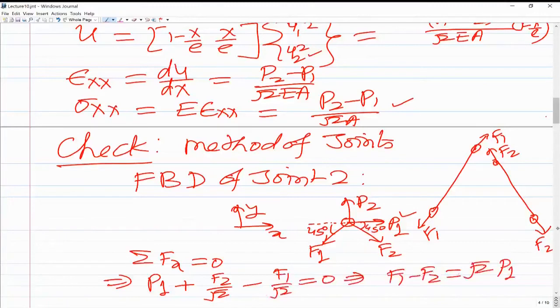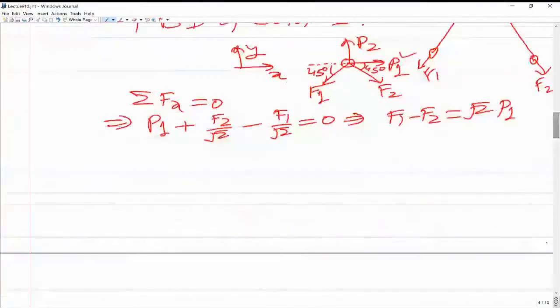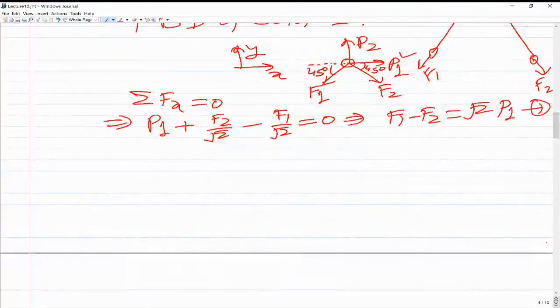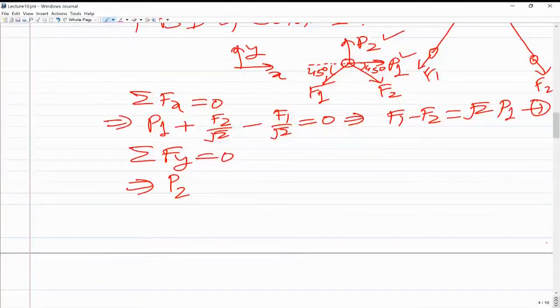So this is one equation, and let me call this equation number 1. And then similarly, if you write the sum of forces along y direction equal to 0, the y direction forces are, this P2 is there. So we are writing this equilibrium equation for the joint.